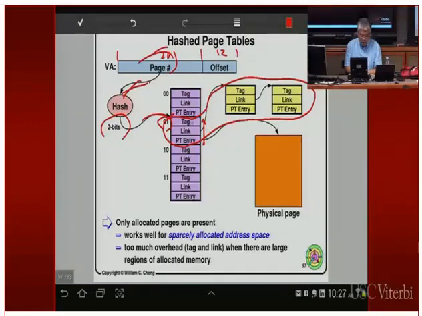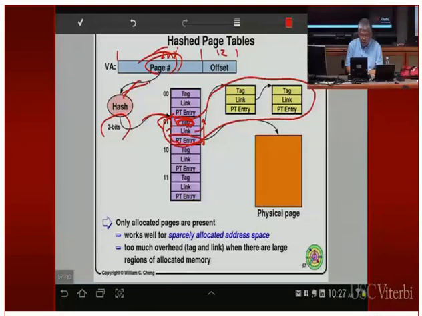Okay, so over here you compare the tag. The tag tells you what the virtual page number of this entry is. Okay, you compare the tag against the virtual page number. If they are equal, then that means that the page table entry inside of this entry is the one that you want. Okay? If the tag is not equal to the virtual page number, that means you need to follow the linked list and go to the next location to try to find the entry that you're looking for. Okay? So in this case, you'll follow the next entry.